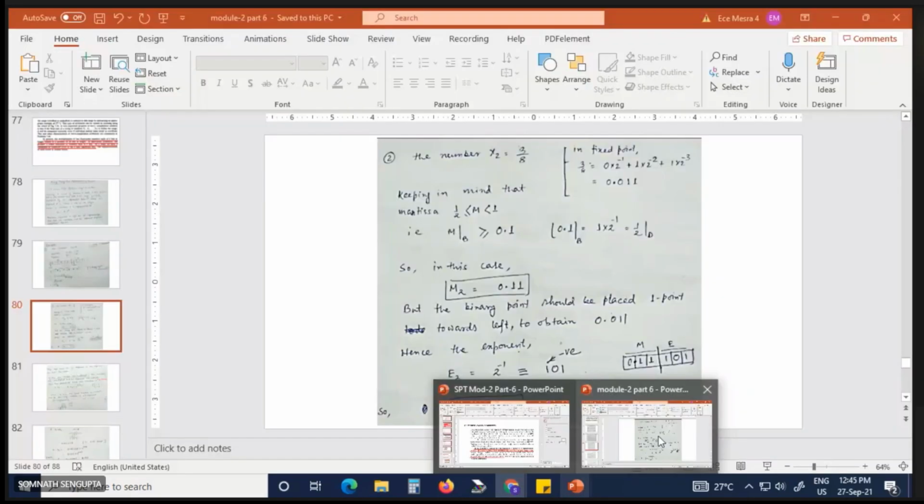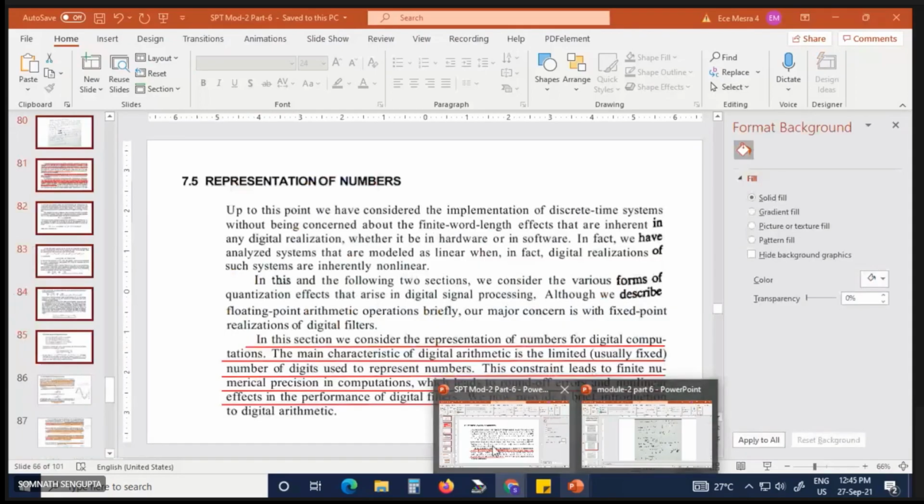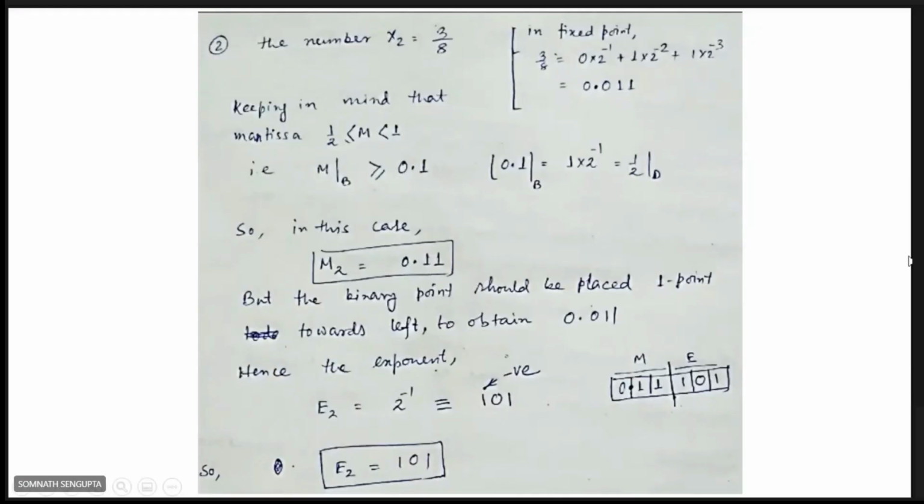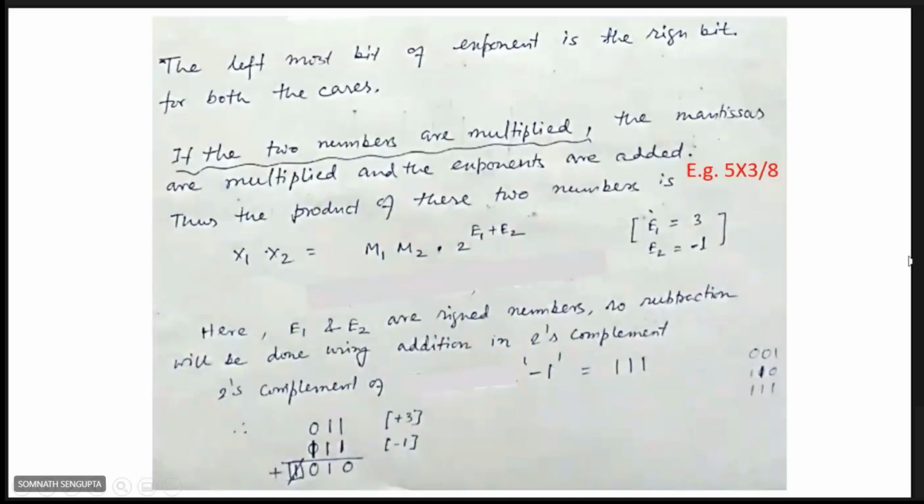Another interesting thing: suppose you want to multiply two numbers in floating point. One number is not a fraction, it is the integer 5, and the other is the fraction 3 by 8. So we write these two numbers as x1 into x2, where x1 is 5 and x2 is 3 by 8.